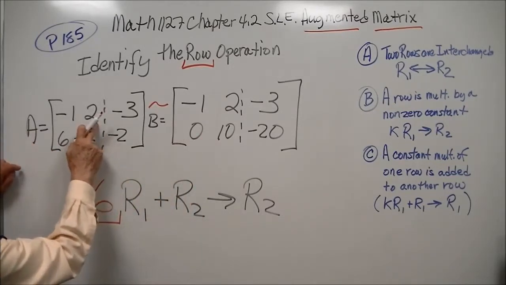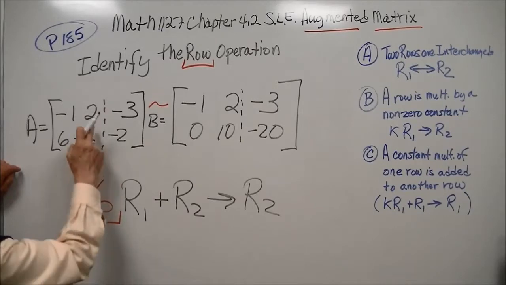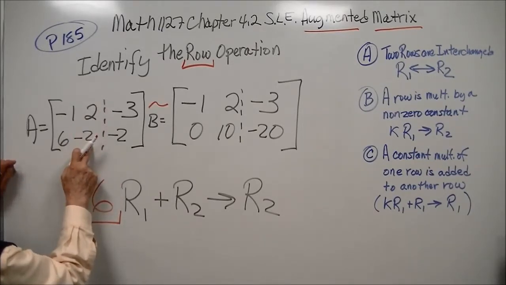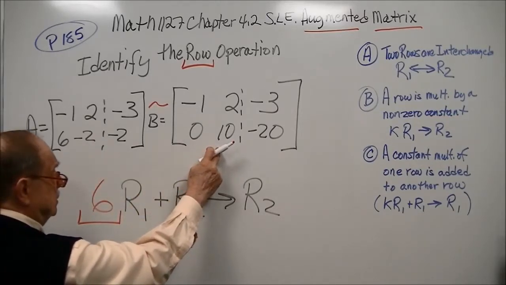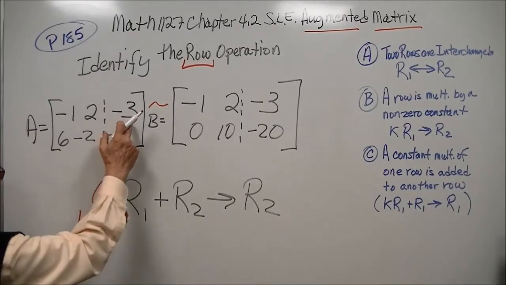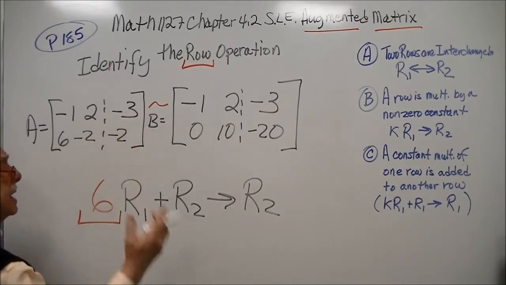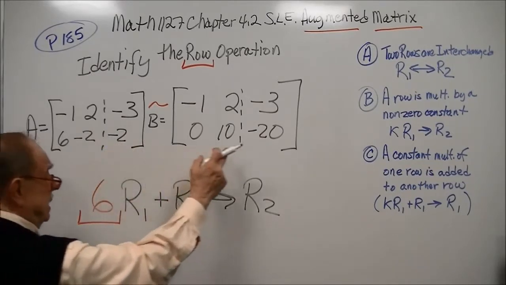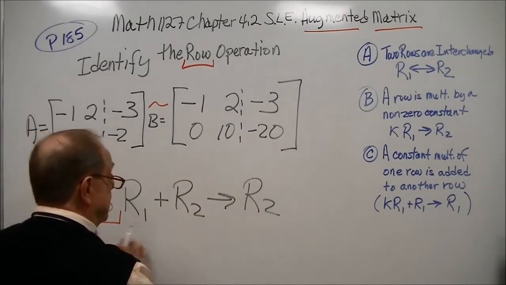Let's try it on the second one. 6 times 2 is 12. Added to a -2 makes it a 10. Replace it in row 2. Yeah, that checks out. 6 times a -3 is a -18. Added to the 2 is a -20.